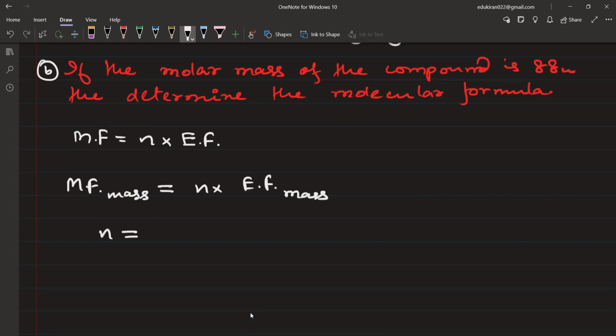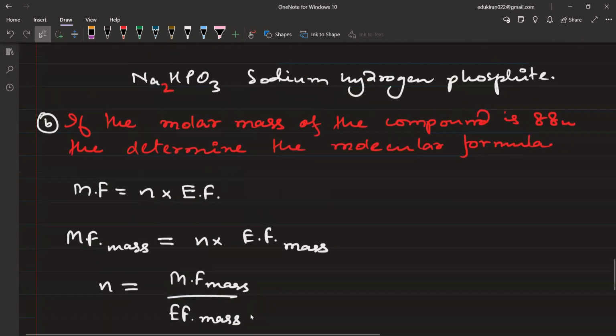So you'll calculate the n from the molecular formula mass, which will always be given to you, divided by the empirical formula mass. Okay. So can you calculate the mass of this Na2HPO3? How much is it?